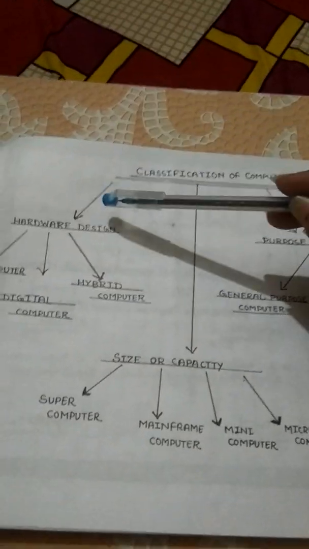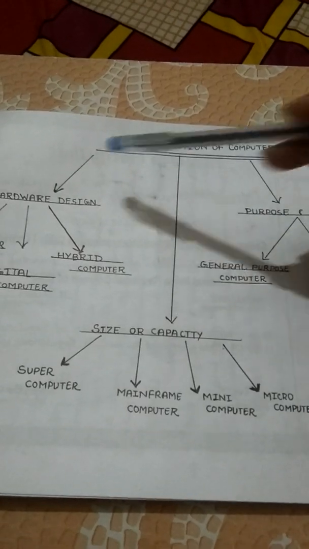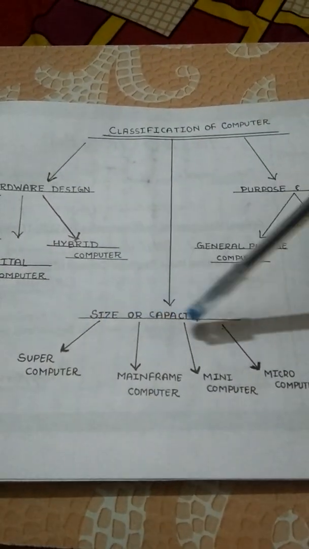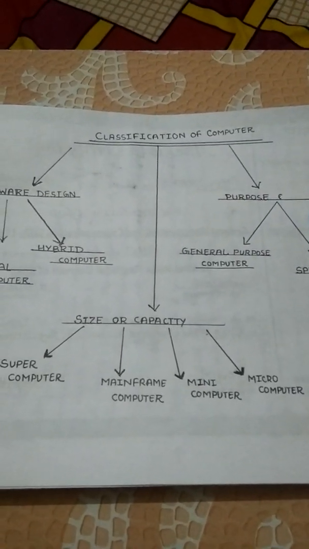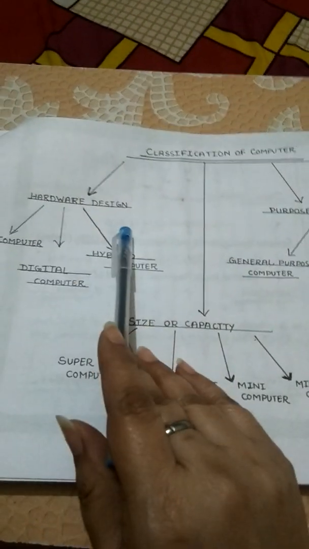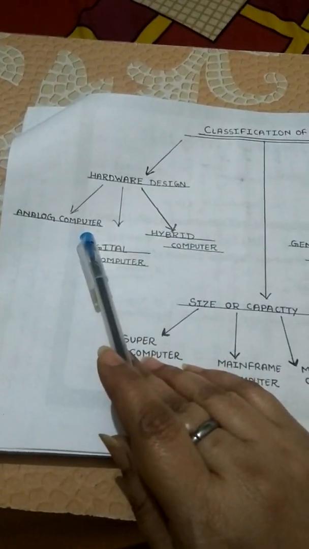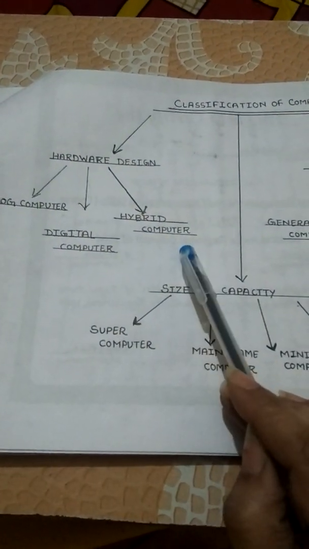In this chart, computers are classified into three parts. First part, hardware design. Second part, size or capacity. And third part is purpose. Hardware design has three parts: analog computer, digital computer, and hybrid computer.